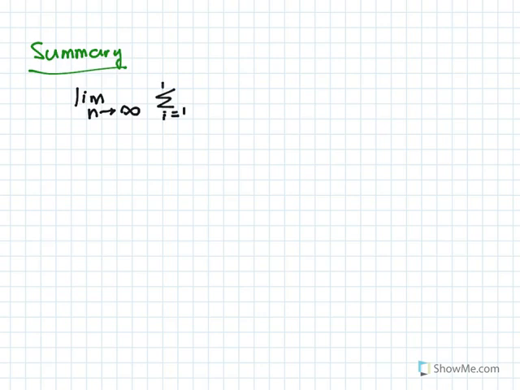So let's summarize what we've done. We were given limit n goes to infinity, i goes from 1 to n, 1 over (4 plus i over n) all squared times 2 over n.